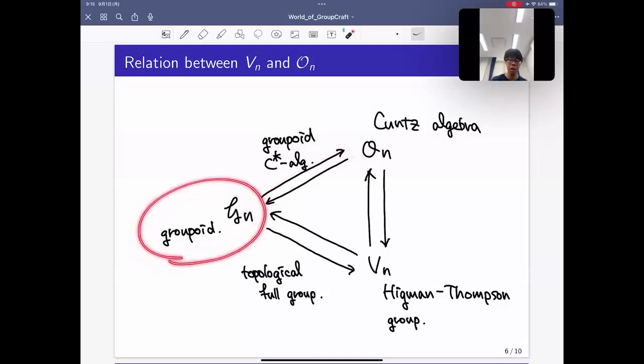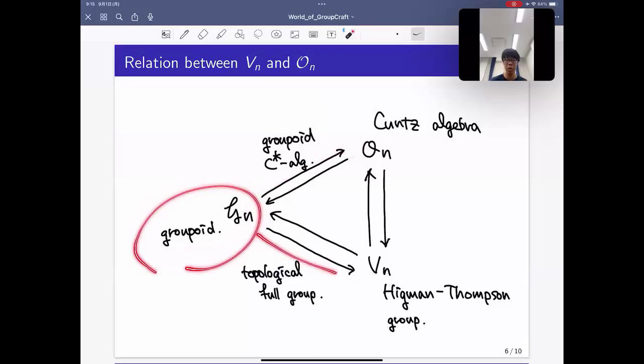Also, from a groupoid, we can construct a Higman-Thompson group. And we can directly construct Vn from On and vice versa. And we can recover a groupoid from the Higman-Thompson group, precisely from the action of the Higman-Thompson group on the Cantor set. Also, we can recover a groupoid from the Cuntz algebra.